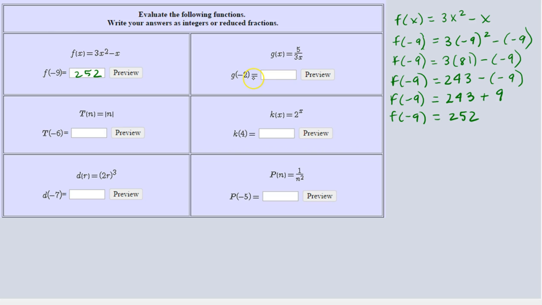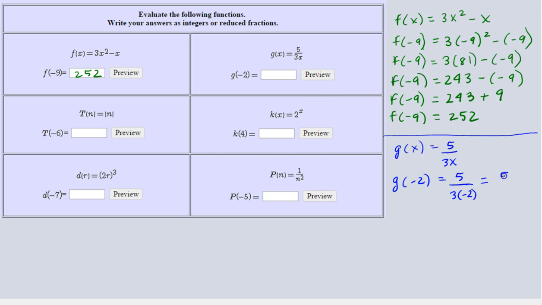Let's look at the next one. We have g of x equals 5 over 3x. And now we're given an input of negative 2 and we want to find the output of the function g when the input is negative 2. So g of negative 2 is 5 over, replacing x with negative 2 in parentheses.